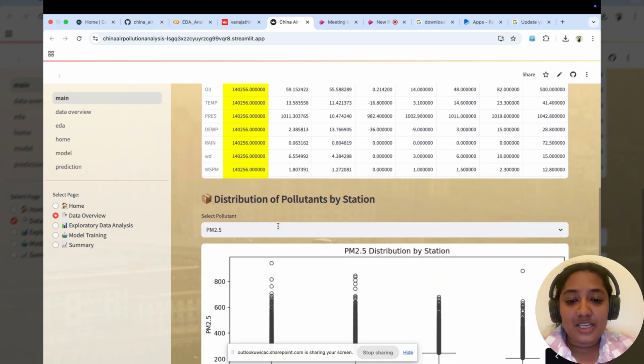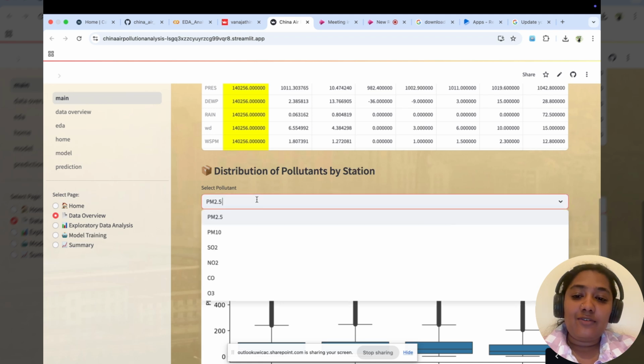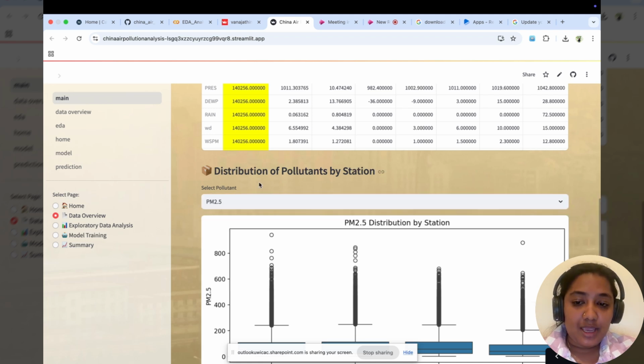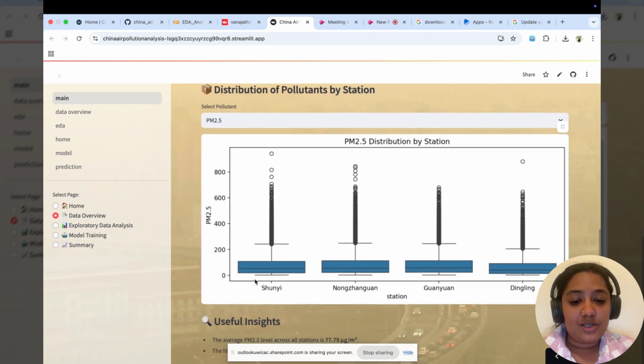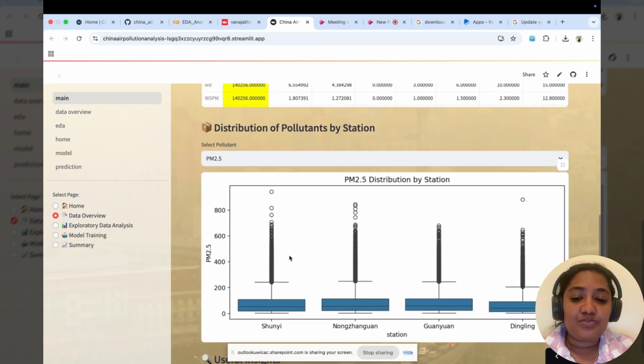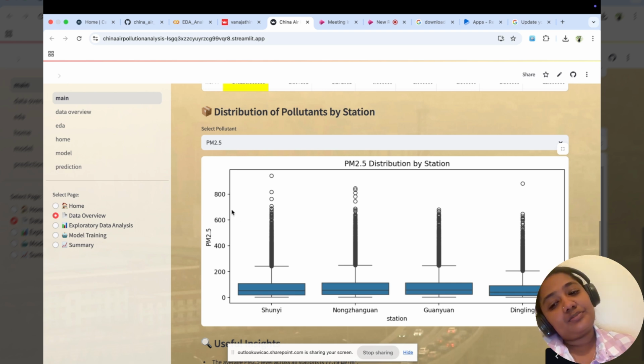And the next one is distribution of pollutants by station. We can select the pollutants, visualize them, and see the graph. For the first station, in PM 2.5, we can see the distributions for each station.